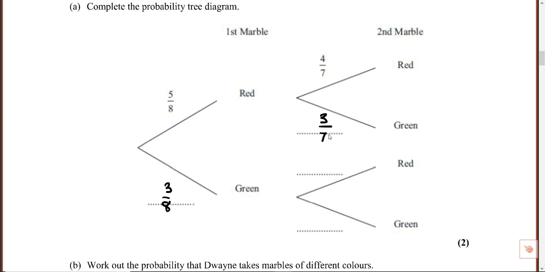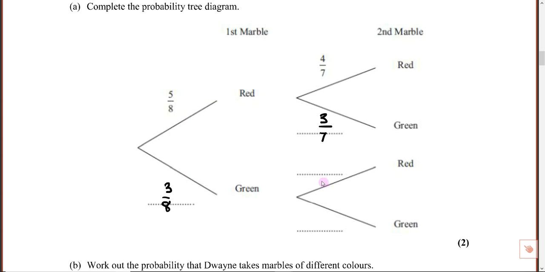Alright. Now this is where people can make a mistake, because they just always think, well, I'll just copy those two here. But actually, what is the probability of getting a red one if I got a green one the first time round? Tyler? Getting a red one if I got a green one first.